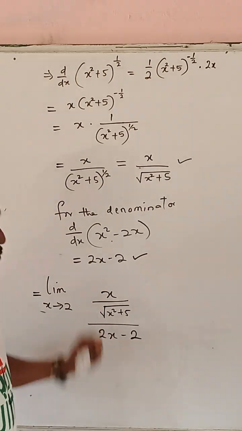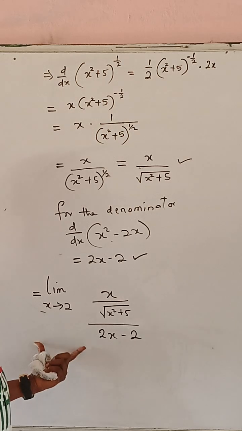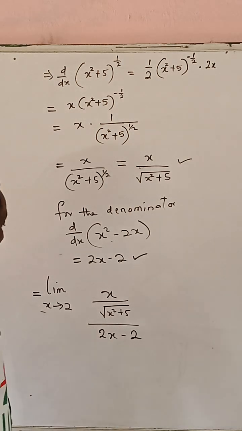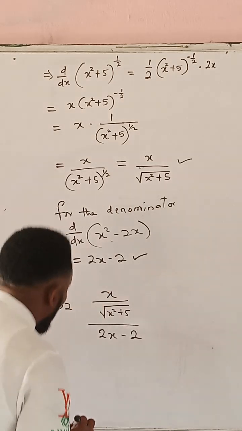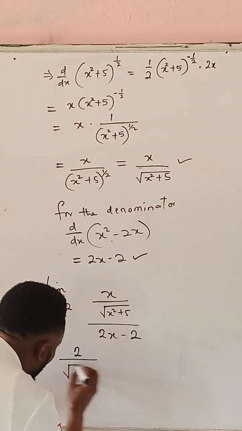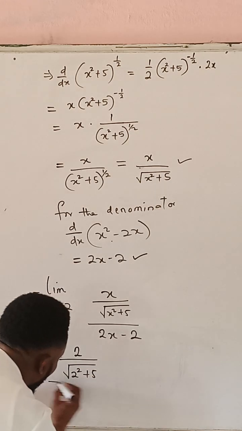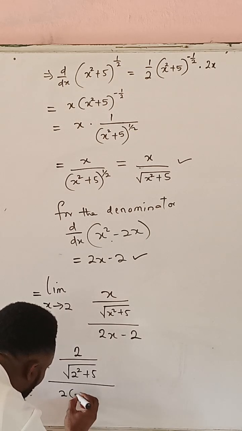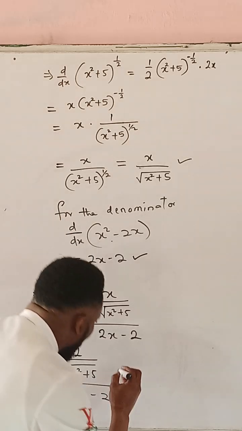Now, at this level, we have distilled and refined this problem, and we can now plug in our limiting value. If we substitute x equal to 2 here, we are going to have 2 divided by the square root of 2 squared plus 5, all divided by 2 multiplied by 2 minus 2.